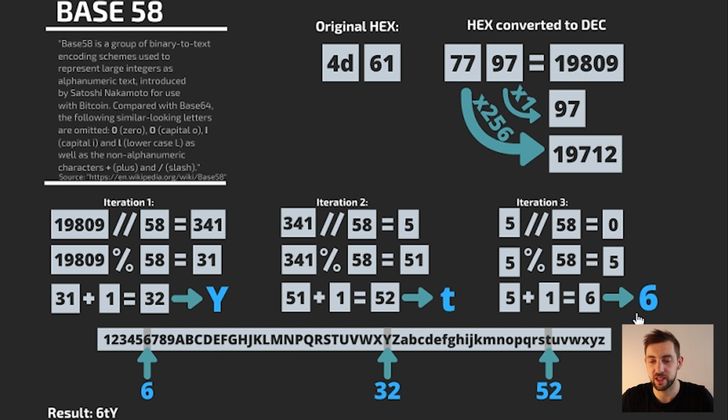The end result is 6TY because the string has to be reversed. So the end is at the beginning. So that's the encoding. This is how you can encode numbers, letters, or binary into base 58. Now let's go and try to code it.